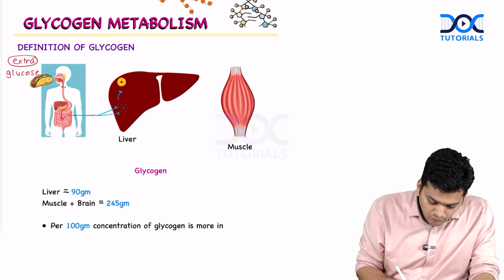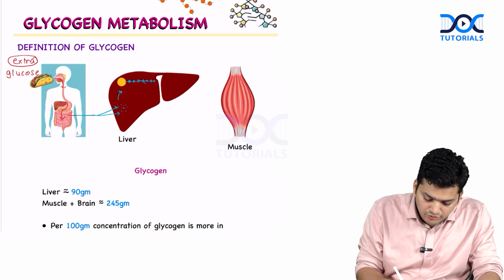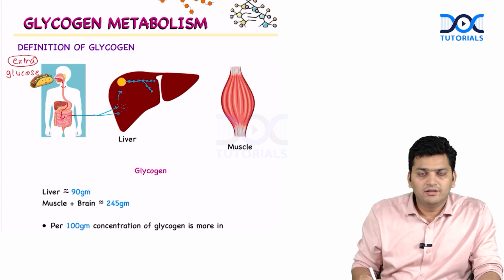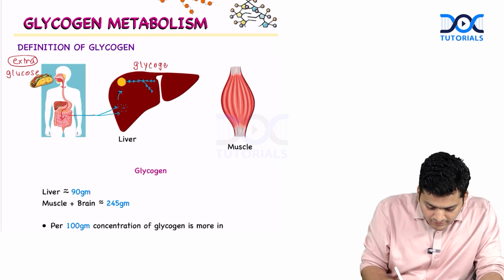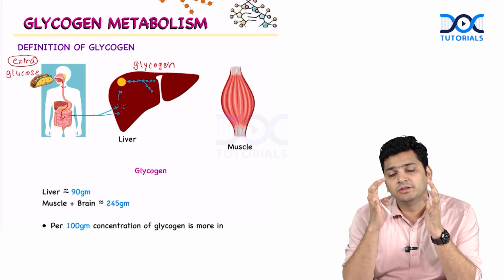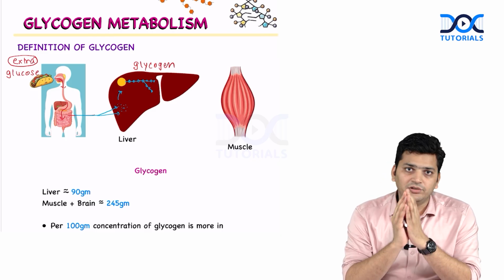On this special protein, we attach these glucose molecules and make a large molecule. This large molecule is referred to as glycogen, and we store our glycogen in the liver. So the liver is the one who makes the glycogen and stores it.